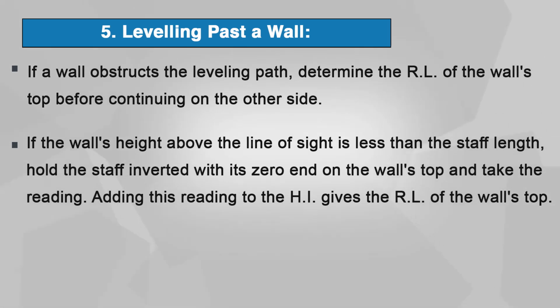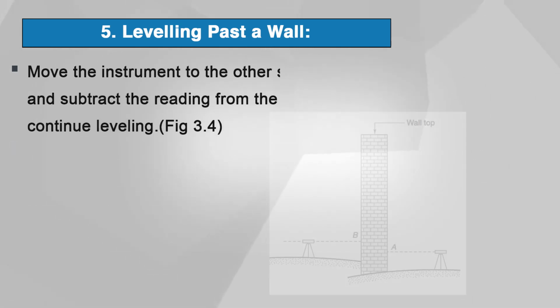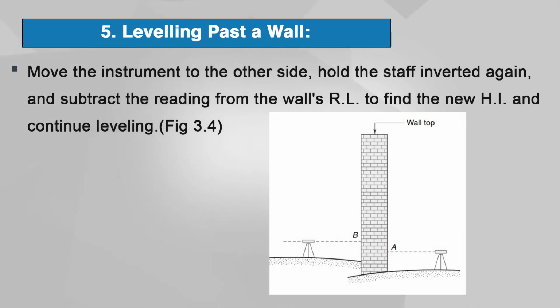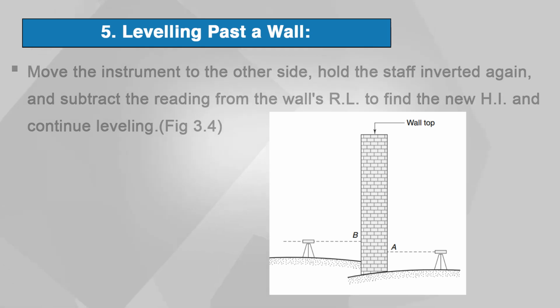Adding this reading to the height of instrument gives the RL of the wall's top. Next, we will move the instrument to the other side and hold the staff inverted again and subtract the reading from the wall's reduced level to find the new height of instrument, and then we can continue leveling.